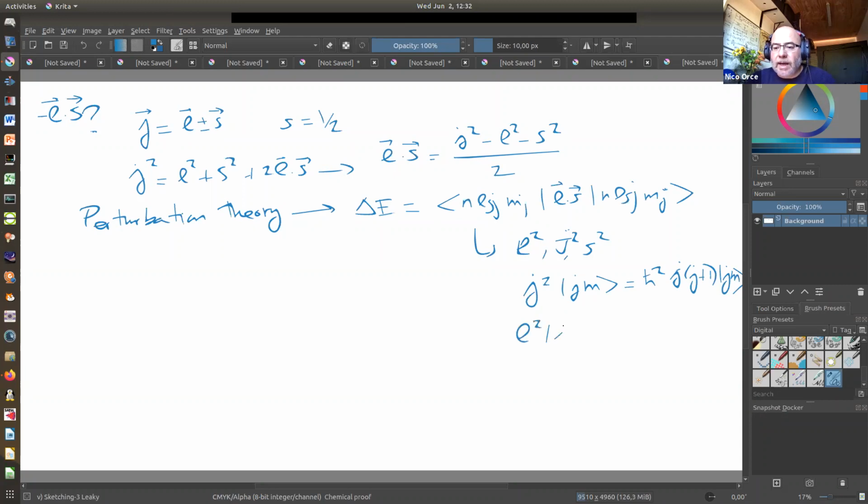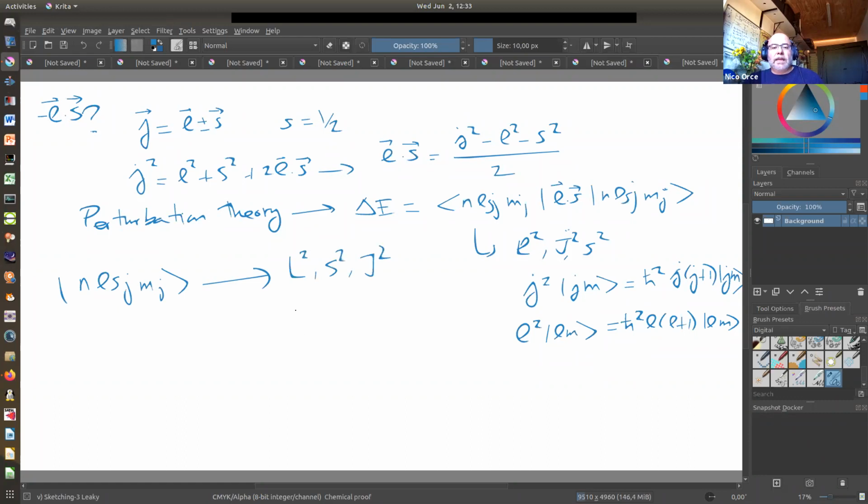L square on l m is the same thing: h bar square l times l plus 1, l m. But as I say, I'm using these bases in particular, n, l, s, j, and m_j. And this is very important to be able to apply perturbation theory, because all these operators, L square, S square, and J square, commute with L dot S.